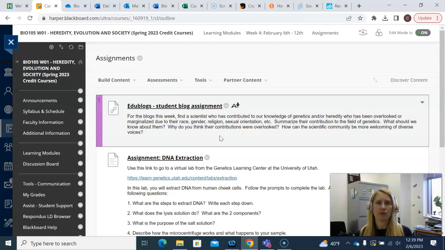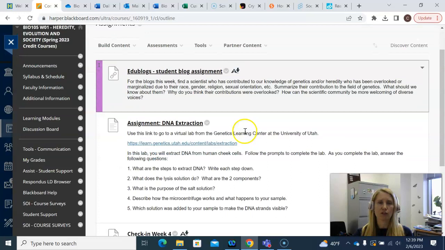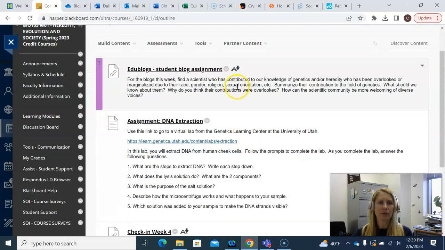Try to find a scientist who's been marginalized because of their identity in some way, and highlight them. Tell us about them. Say, here's a person you should know. They contributed greatly to our knowledge of whatever it happens to be, but they weren't recognized. It's always nice to bring those people to the forefront so that they can get the recognition that their hard work deserves. So that's our blog assignment for this week.